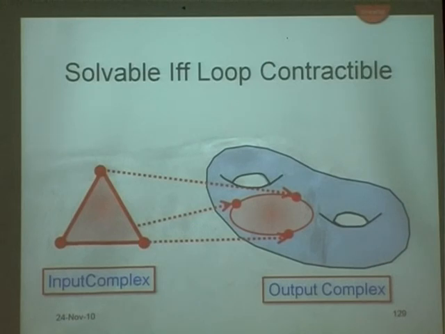So what our theorem says is, the input complex is really just a single simplex where each vertex corresponds to one of the rendezvous points, because the processes might start out with 1, 2, or 3 different values. We don't care how many processes there are. We know that there's a continuous map from this complex to the output complex if and only if there's a solution.